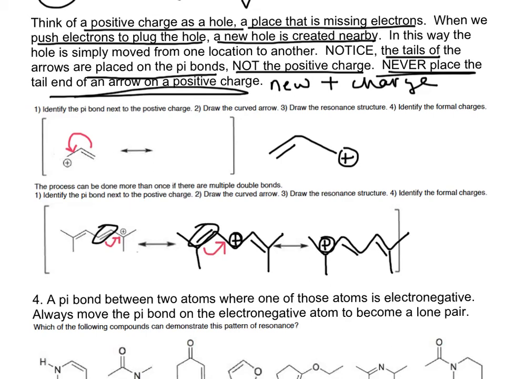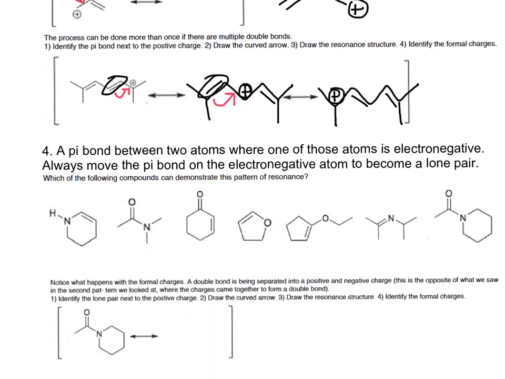The fourth pattern of resonance is when we have a pi bond between two atoms where one of those atoms is electronegative. So we're going to always move the pi bond onto the electronegative atom to become a lone pair.